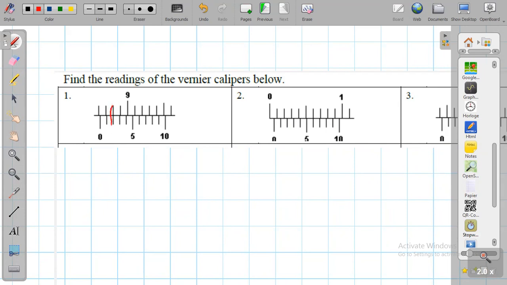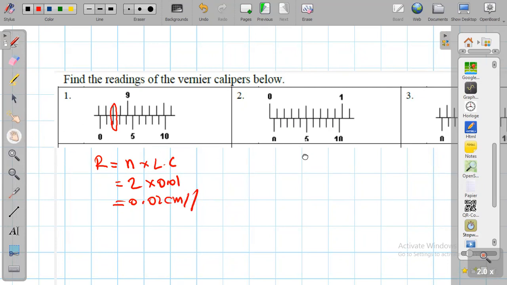You may see that this is the second line, which is the tallying one. The reading on the vernier caliper is going to be the number of lines multiplied by the least count. In here, the number of lines is the second line, multiplied by the least count of 0.01. So the reading is 0.02 centimeter.